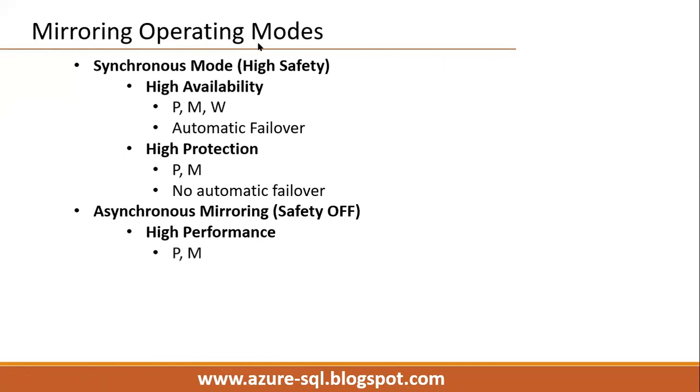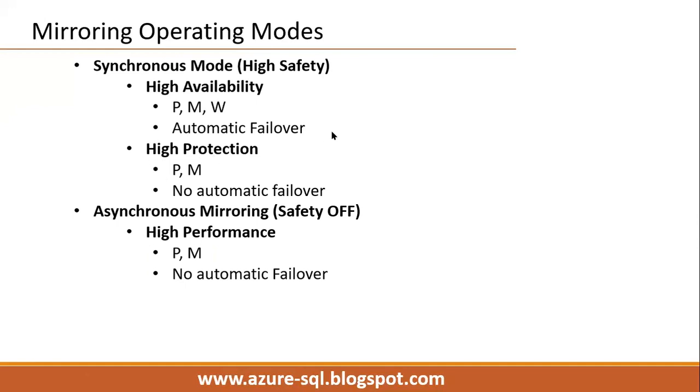Here also we have only two servers, principal and mirror, and no automatic failover. Remember, only in synchronous mode with three servers, principal, mirror, and witness, do we have automatic failover. There is no automatic failover in the other two modes.